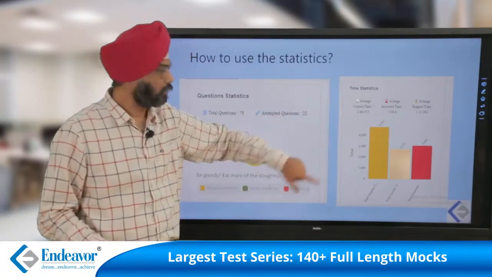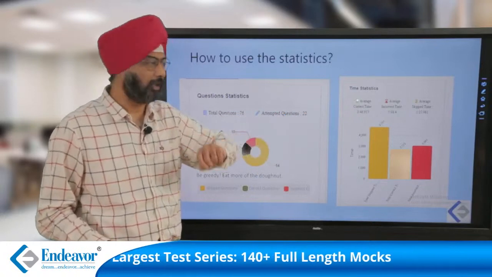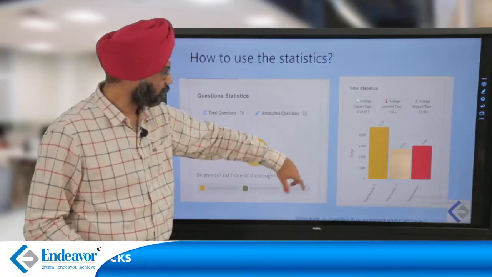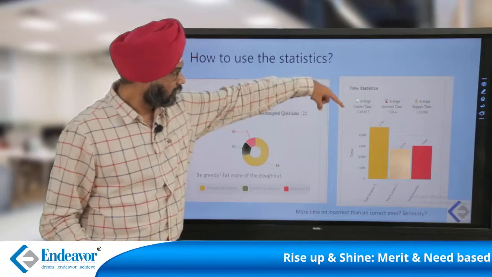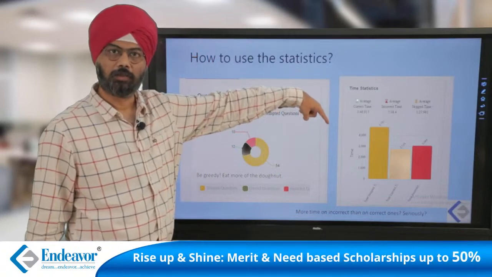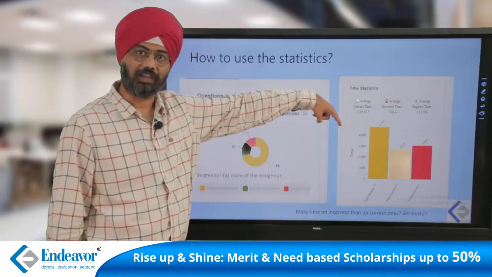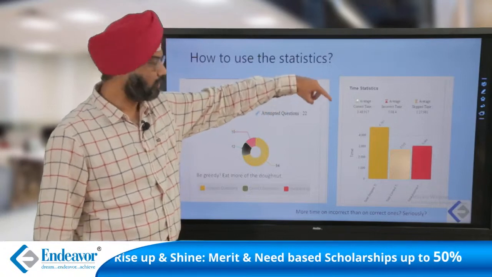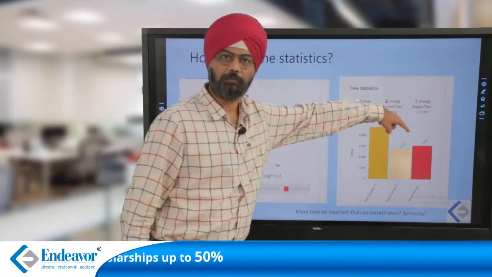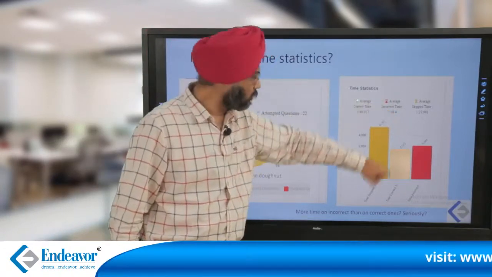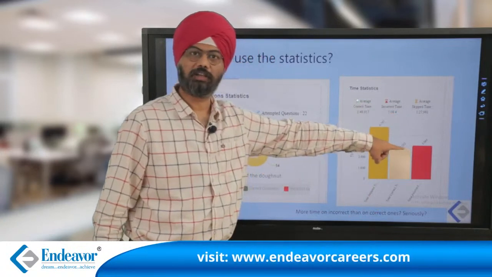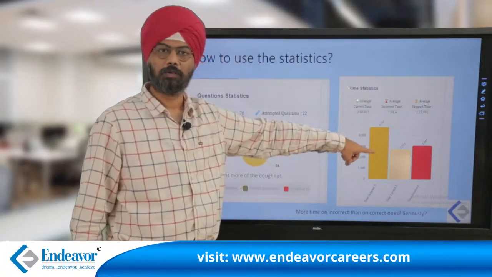Second one, time statistics. What does it tell me? It tells me, you see this, that red and the green. What am I to worry about, if any? I am to worry about the average time for incorrect questions. Dude, I have taken more for the incorrect ones than the correct ones. What is it telling me?